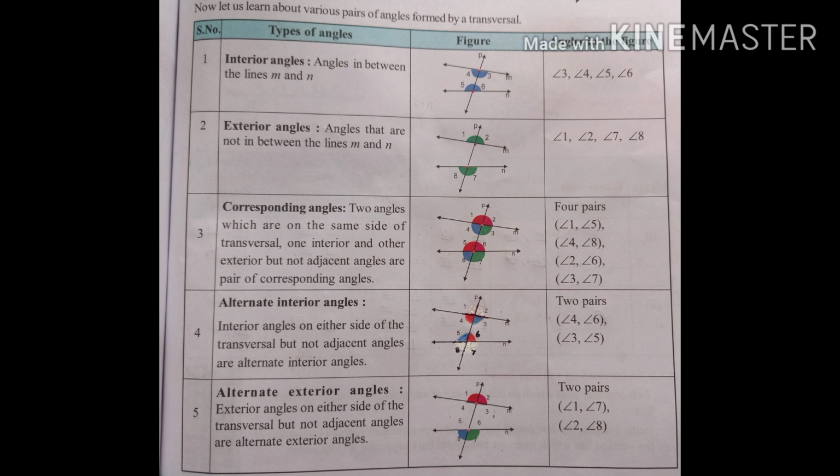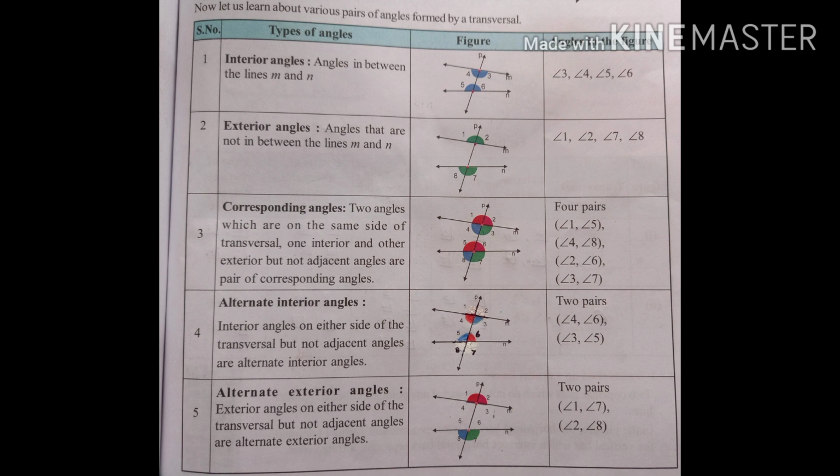Similarly, angle 4 is an interior angle, angle 8 is an exterior angle. These are also on the same side of the transversal. Angle 2 and angle 6 are also like this. Angle 3 and angle 7 are also like this. These 4 pairs are called corresponding angles.